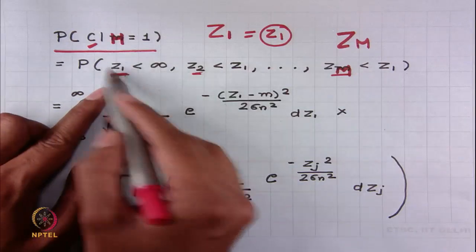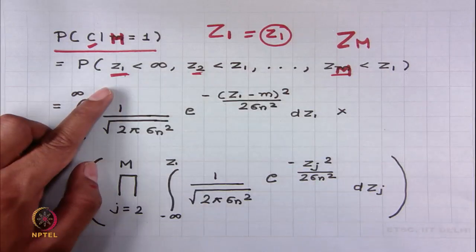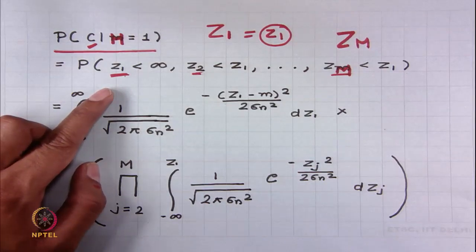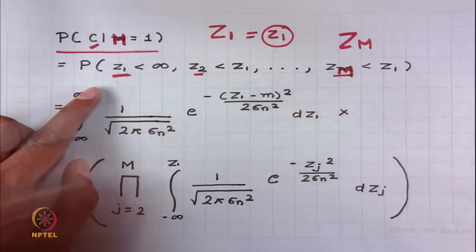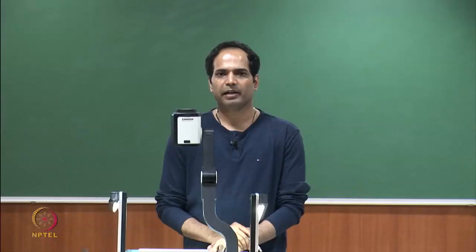And what is the condition on the numerical value z1? This can be any number from minus infinity to plus infinity. If this condition is satisfied, the receiver will make a correct choice.